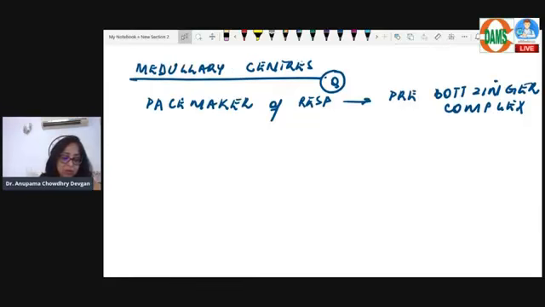Now, the medulla also has what is known as the DRG and the VRG.